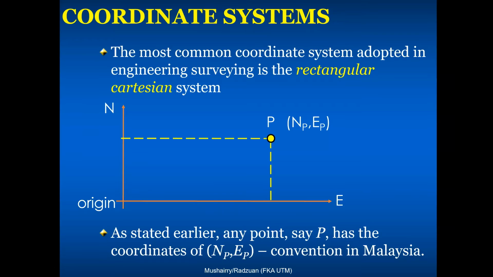Okay, and if you notice there, I've written the coordinates of P as northing P and easting P. There's a convention that we use here in this country anyway, northing and easting. In some other parts of the world, they normally express it as easting and northing.